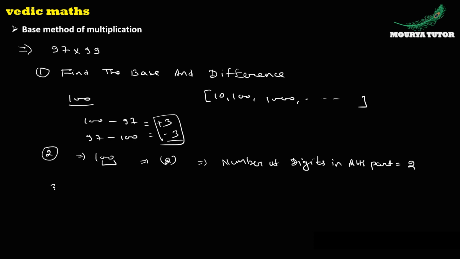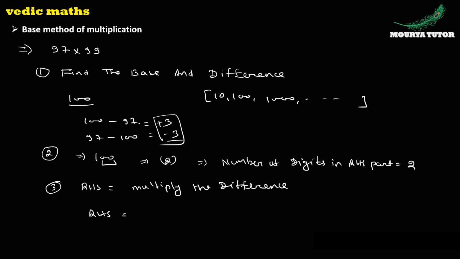In the third step, you just need to find out the RHS. So the RHS answer will be the multiplication of the differences. So let's find out this RHS. What are the differences for these two numbers?